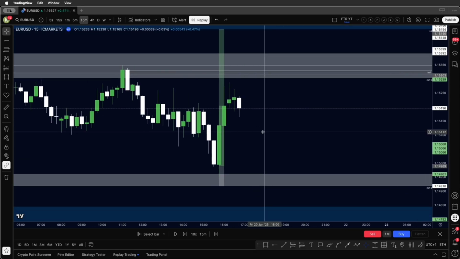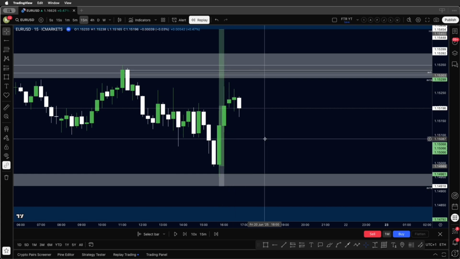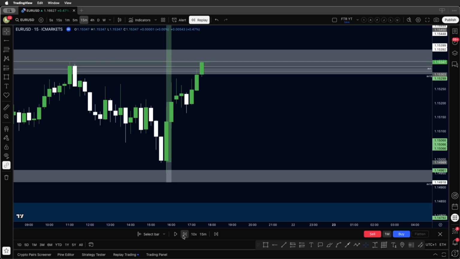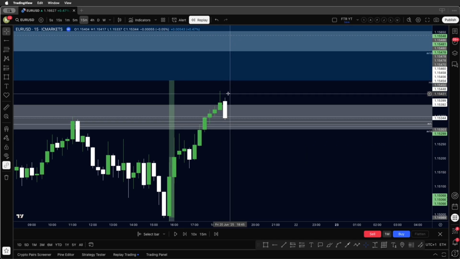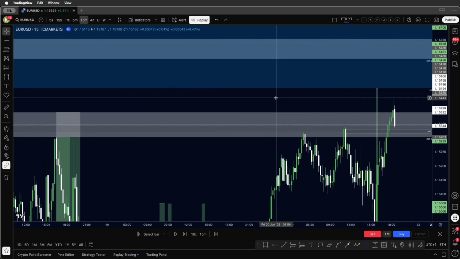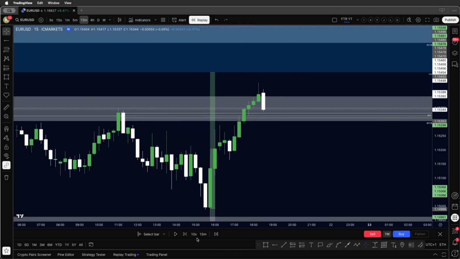Let's switch timeframes. So this is looking all right so far. Yay, keep going, go to profit. Oh, it's not doing it. Hold on.